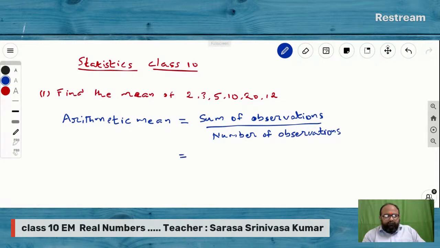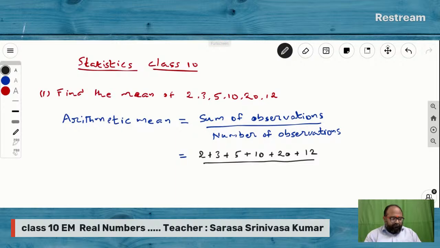This is equal to 2 plus 3 plus 5 plus 10 plus 20 plus 12 divided by how many observations are there? What is the number of observations? 6 observations are there. So we write 6.